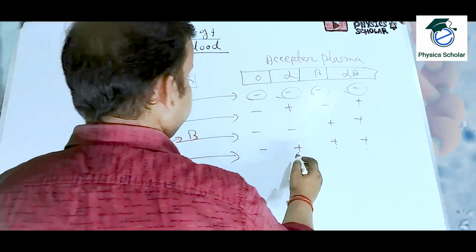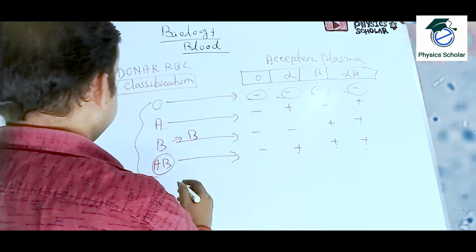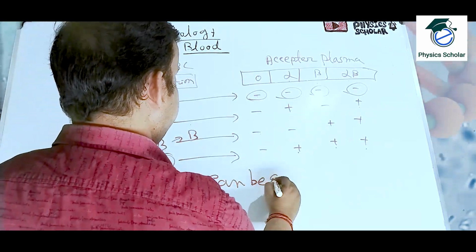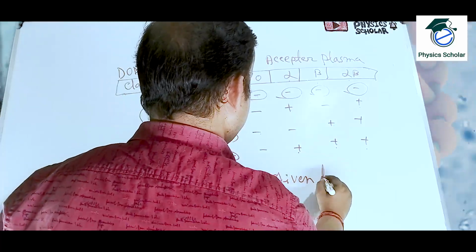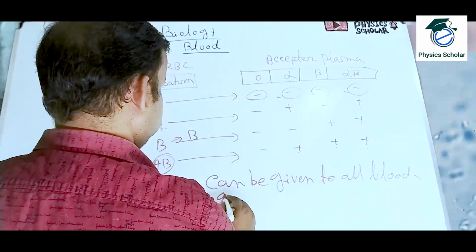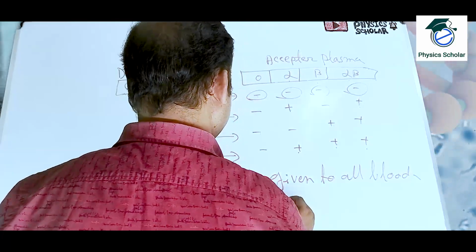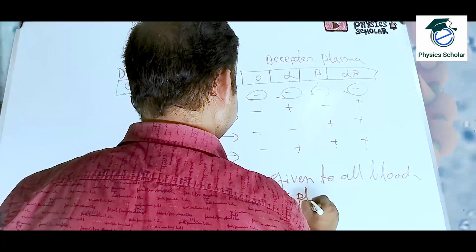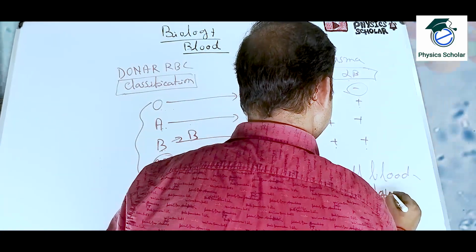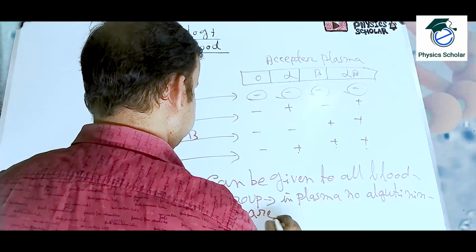So that is why it cannot be given to any other blood groups. Clear? So O can be given to all blood groups because in its plasma no agglutinin are present.